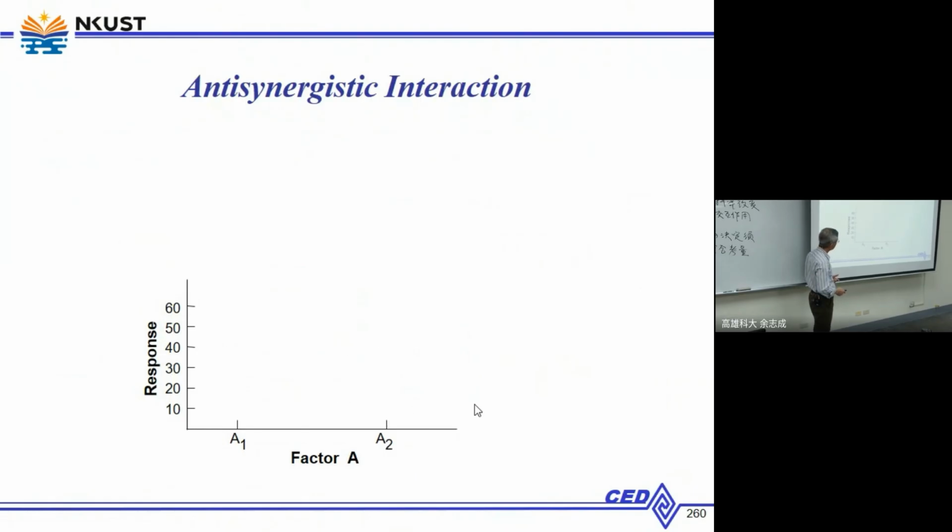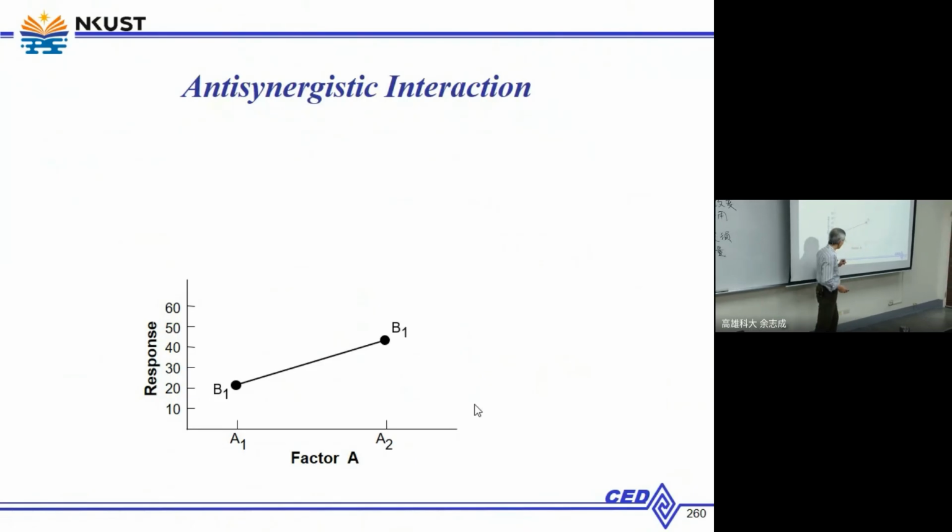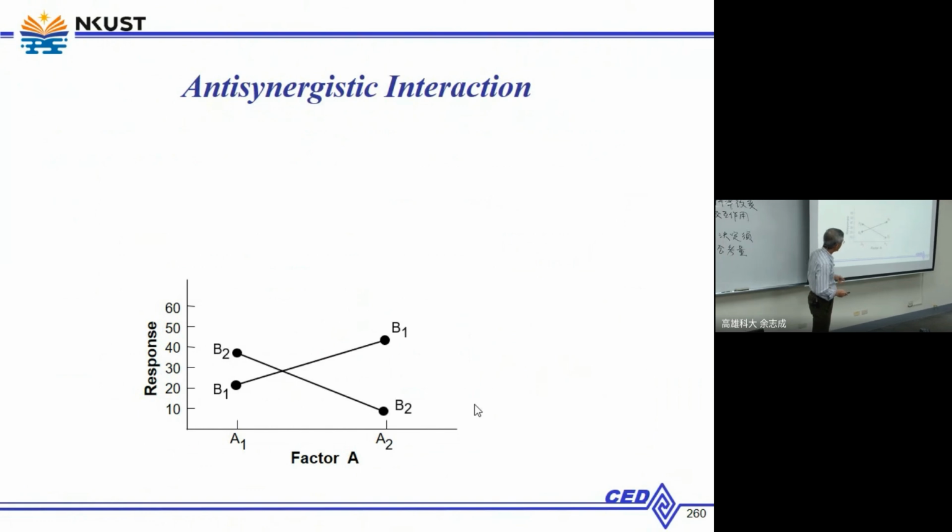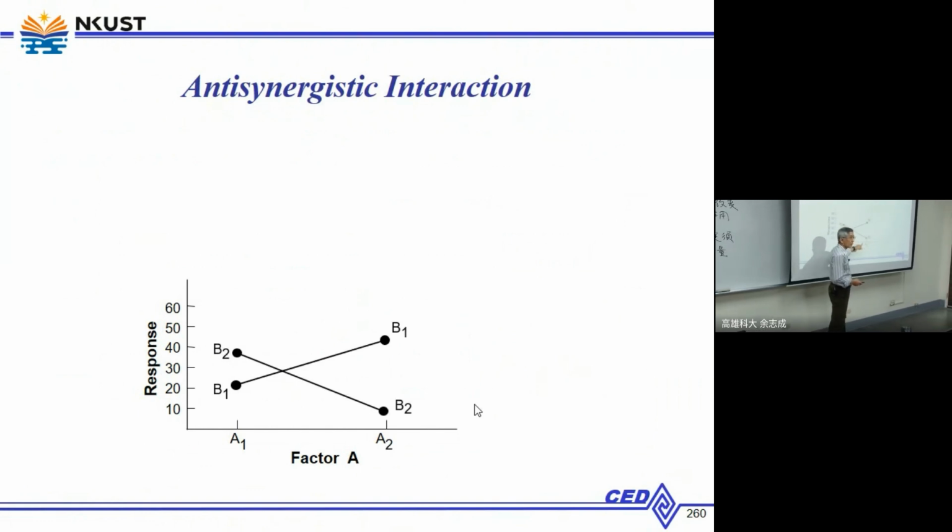If B is in level 1, then A1, A2, you will say that A2 is better, right? A2 is bigger than A1 if B is in level 1. However, if B is in level 2, then A1, A2, which one is better? A1 is better.